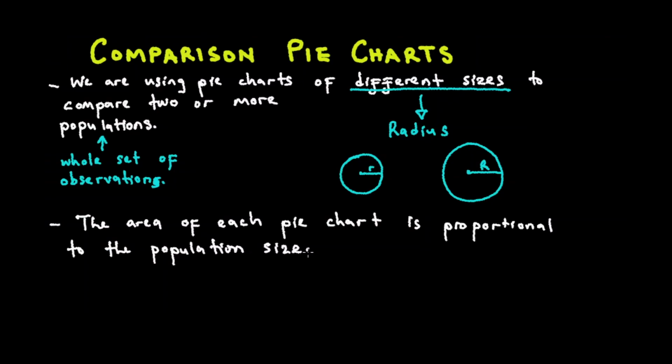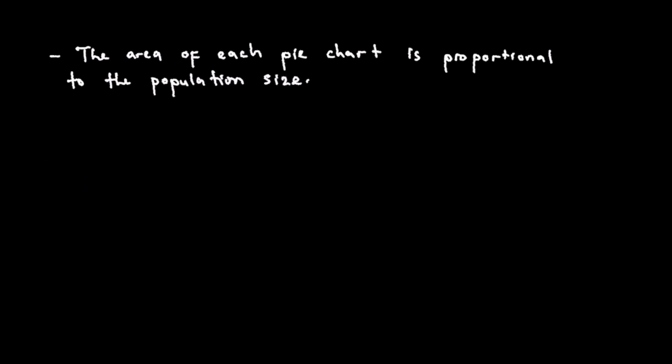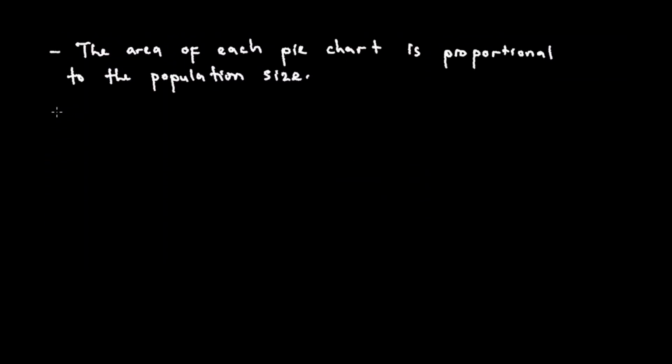So if the pies are drawn with radii R1 and R2 and represent total population sizes F1 and F2, then in our derivation the two pie charts have populations, meaning the number of observations or objects inside that pie chart.